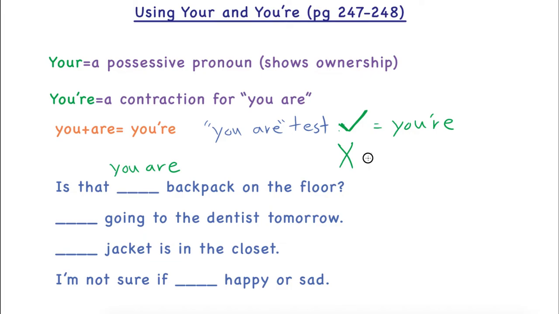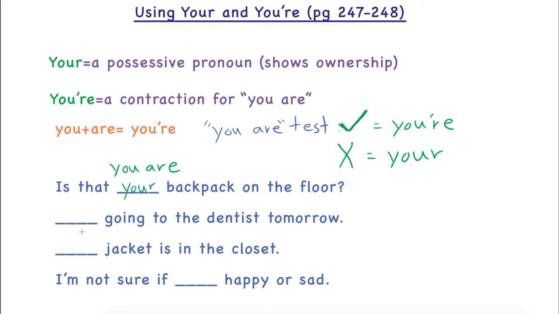If it does not make sense, you would use the one without the apostrophe. So, is that "you are backpack on the floor"? Does that make sense to you? Nope. So would you use the one with the apostrophe or without? Without, right? If it doesn't make sense, use your minus the apostrophe.